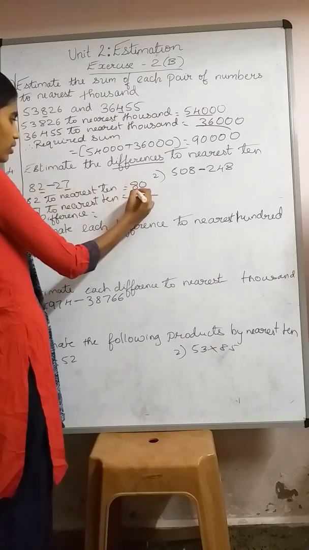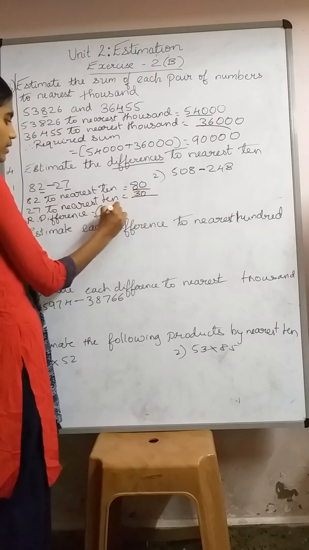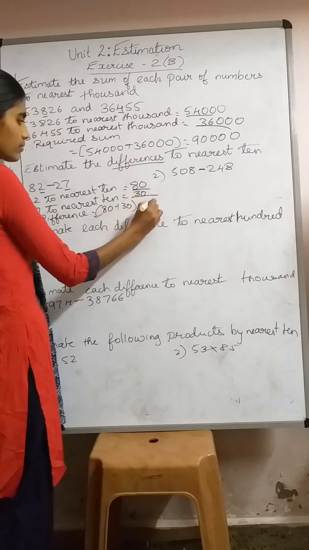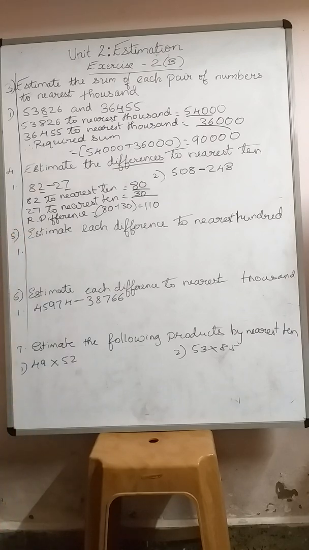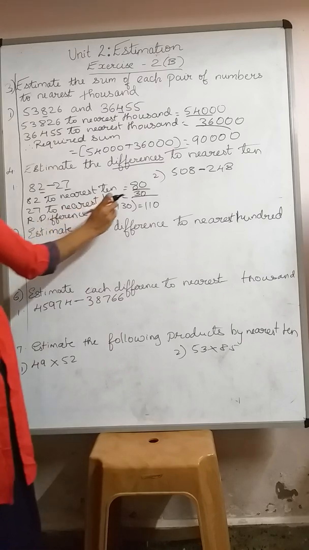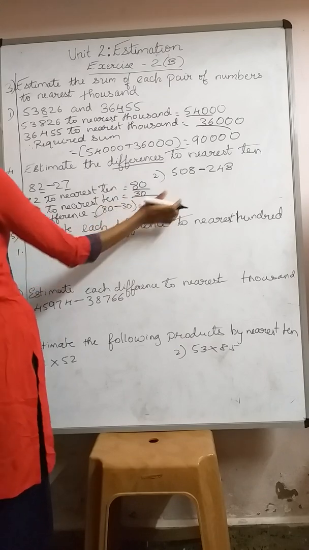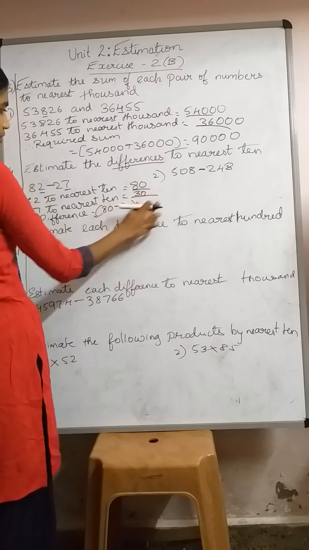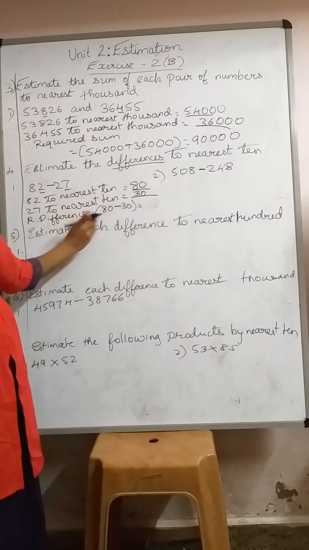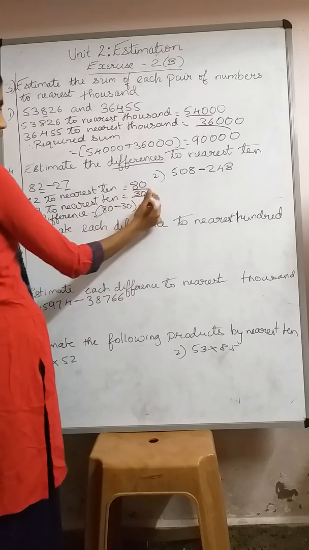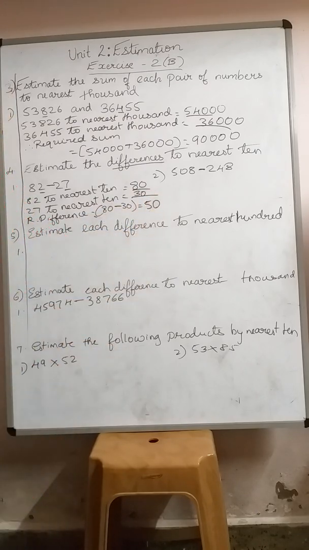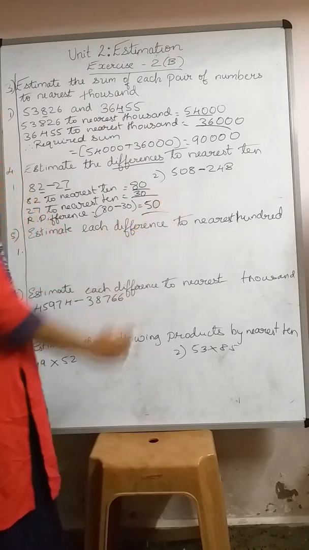This is more than 5 now, 30. 80 plus 30, 110. So 110 is our answer. Oh no, sorry. We are minusing here, children, sorry. 80 minus 30. What is the answer we get when you find the difference of 80 minus 30? We get 50. Correct? Is this your answer?